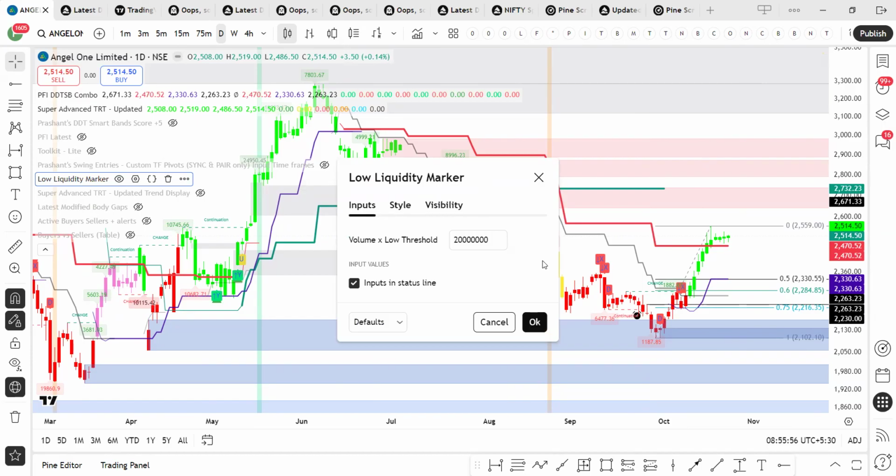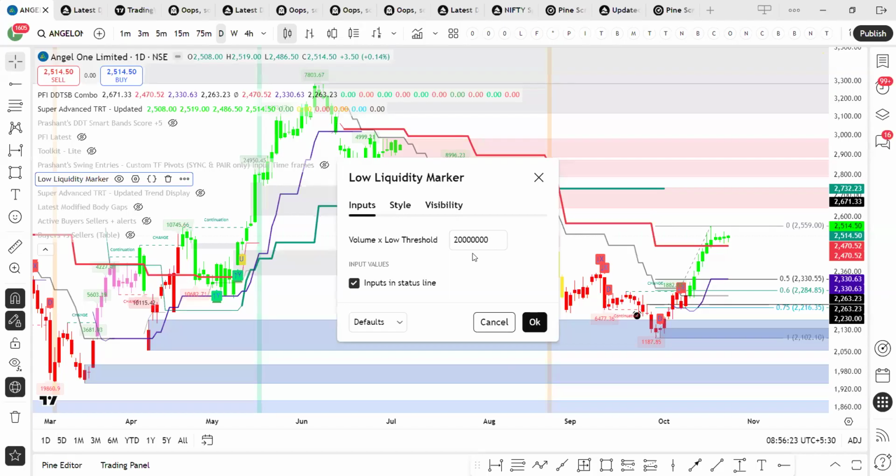That means on that day, volume multiplied by the low of the day should be more than 2 CR. So if total volume on that day is worth 2 CR turnover, and you want to buy worth 2 lakh rupees, it will be just 1% of that turnover, and it will not cause a lot of liquidity issues.